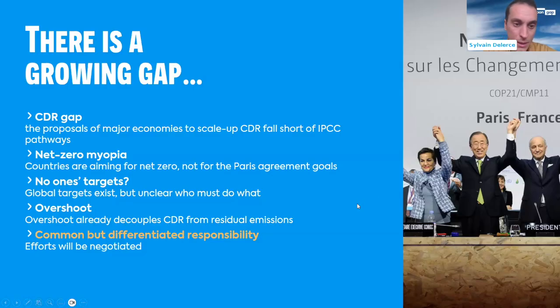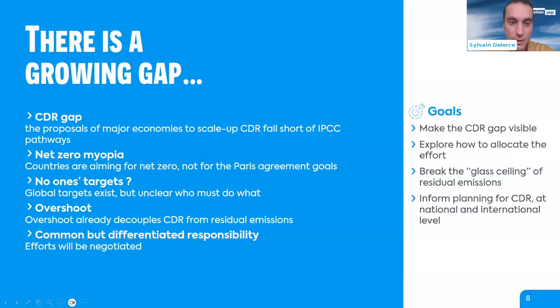Final slide, please. So with this context in mind, just to articulate the main objectives of this work, the first one is to make the CDR gap more visible, in particular to national decision makers, so that they are very much aware of the fact that more effort will be needed. Then the second objective is to explore how this effort on deploying CDR can be allocated.